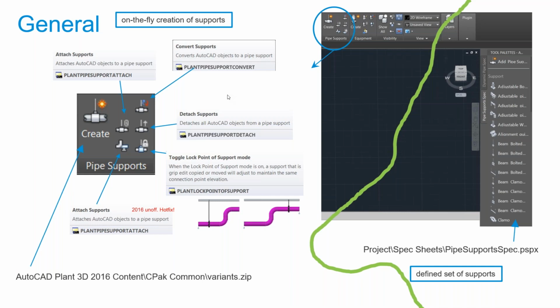We don't have a fully automated drawing generation that will create a drawing for each support with all the information separately. What we have is the orthos and the isos.